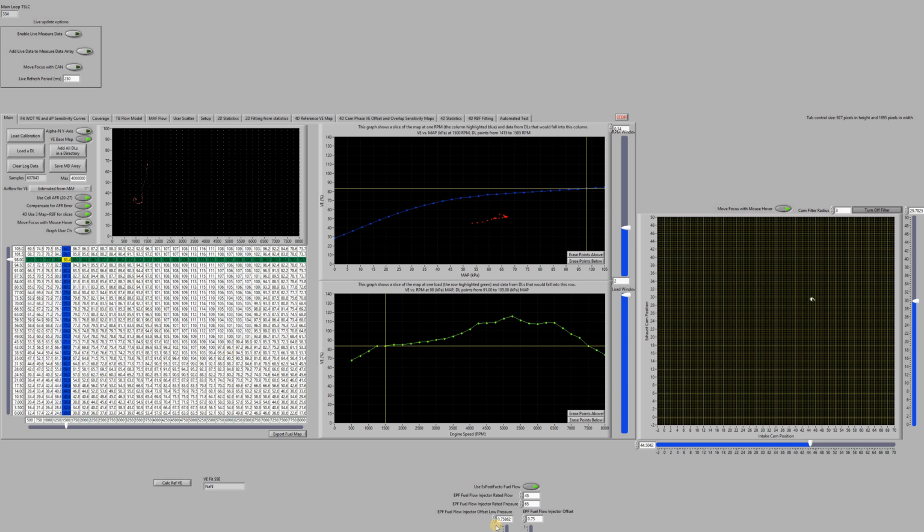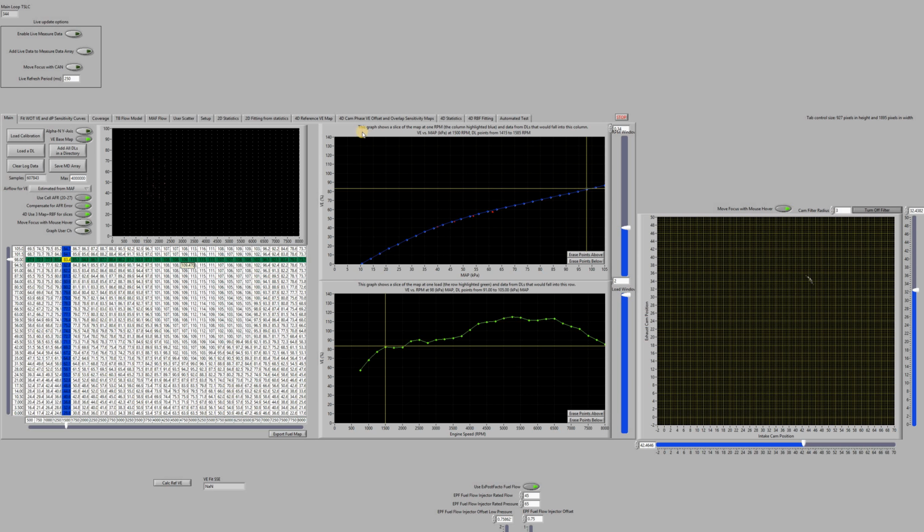So I'm going to turn this on so you can see that as I move my cam focus, or my cam position pairs, what it's doing is it's applying those three maps to generate my VE curves here. So the blue line is no longer from this map, and the green line here is no longer from this map.